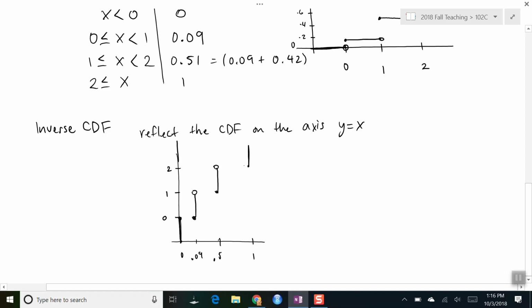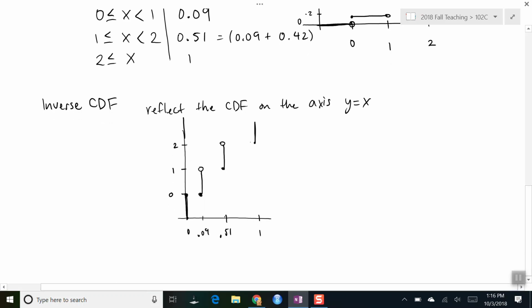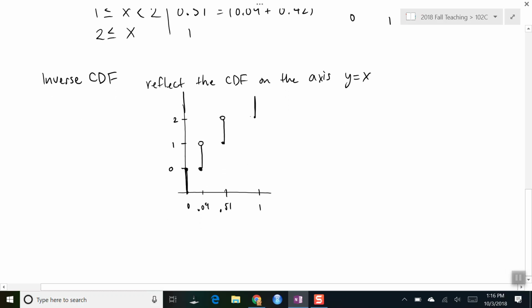Yes, 0, 1, and 2. So we're good. And this is 0.09, 0.51, and 1.